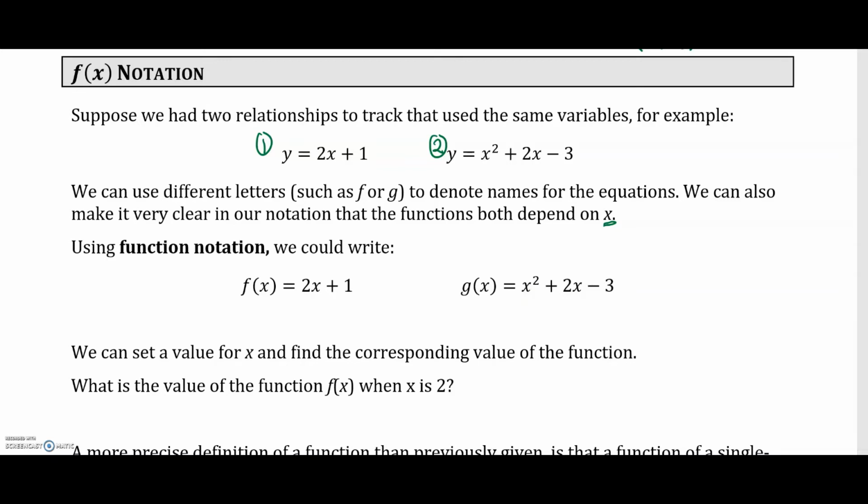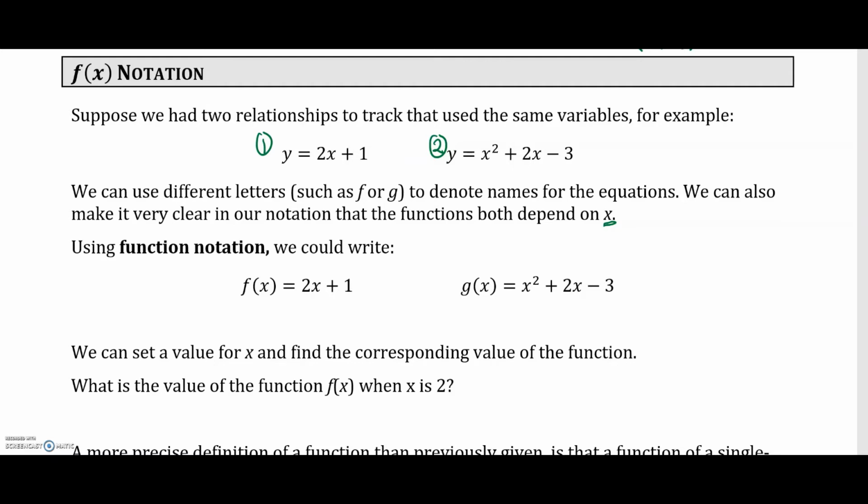In these notations, you can see we are replacing y with f of x in the first equation and y with g of x in the second equation. It's worth noting that this is not f times x, it is a function f defined for variable x.